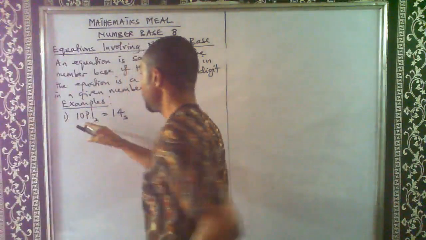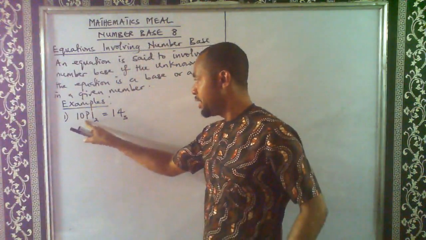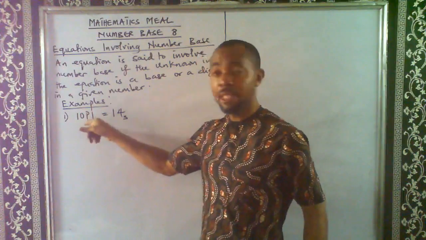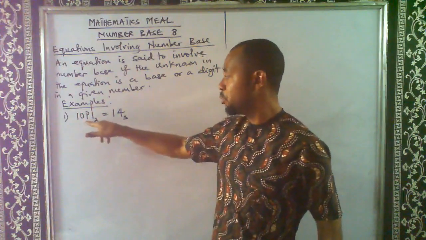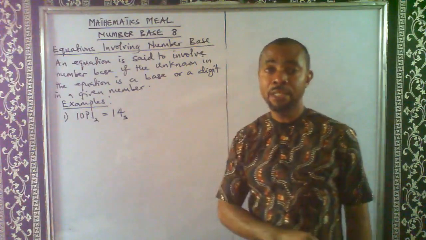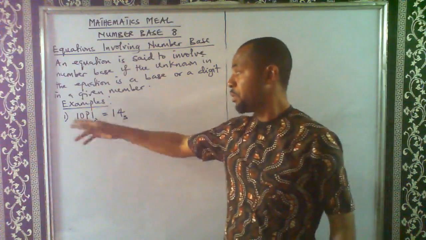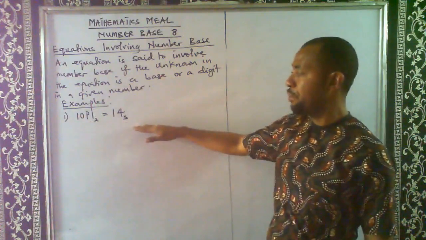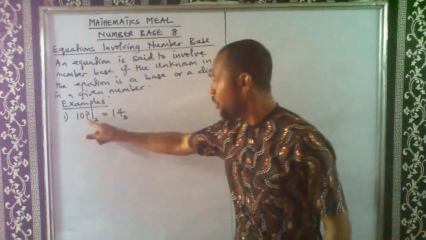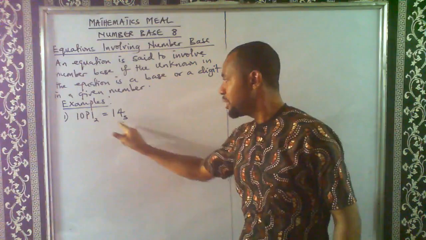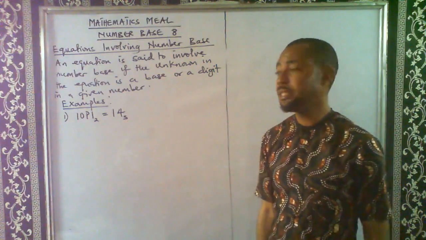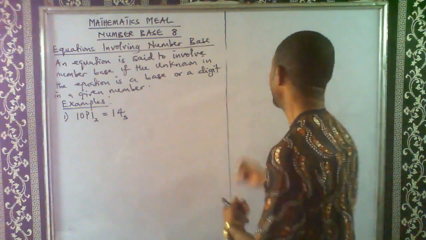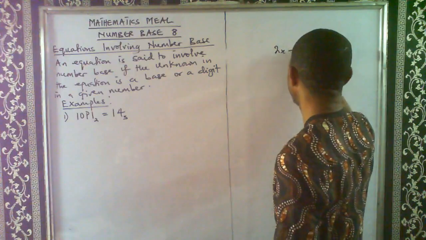You will notice that the unknown is a digit, and that digit is p. This p represents a certain digit. By the time you solve this equation, you will be able to find the digit that p represents. So this equation is a number base equation because it involves terms expressed in certain bases, and the unknown is a digit.